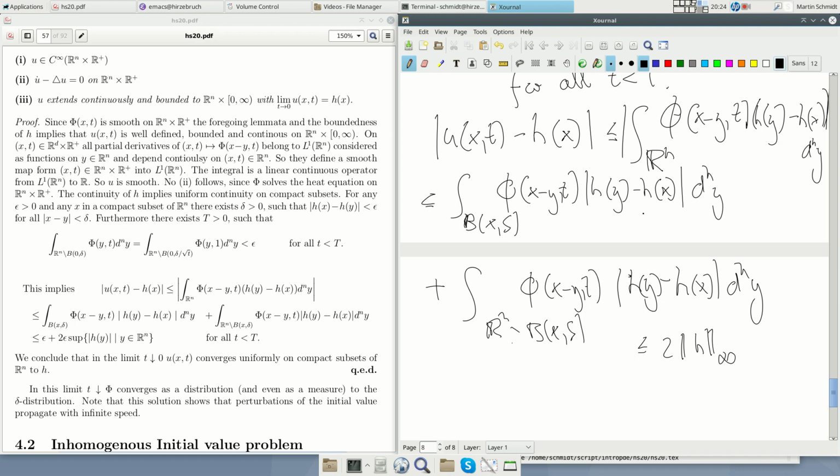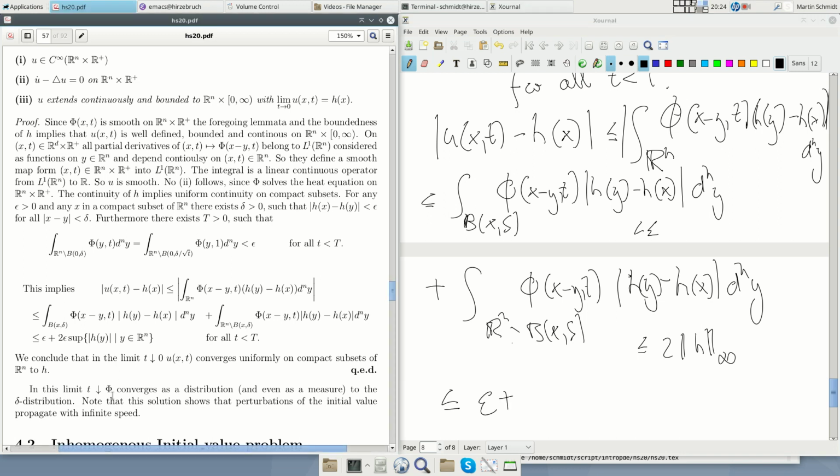And here it's smaller than epsilon by continuity. So if we insert this and use that phi is positive and its integral is 1, we get epsilon plus, and here we get 2 epsilon.